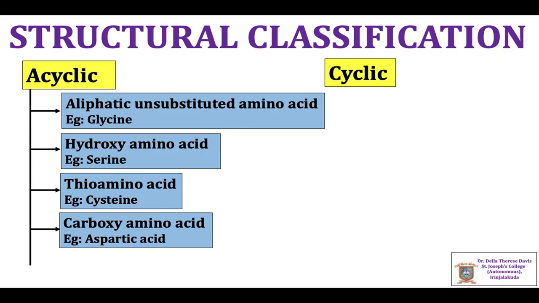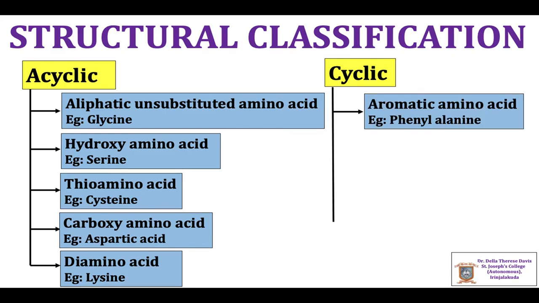Carboxy amino acid. Example is aspartic acid. The amino acid contains an extra carboxylic acid group. Diamino acid. The amino acid contains an extra amine group. Example lysine. Cyclic amino acids are classified into aromatic amino acid.